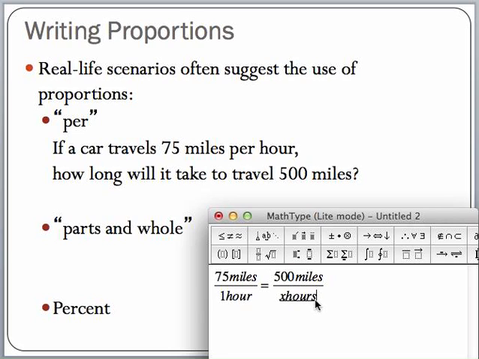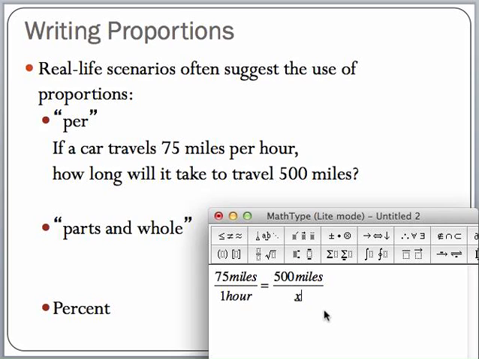And to be honest, when I set up the proportion, I usually don't write the units, miles and hours and miles and hours. I did it for now to show you how I set it up. And I just need to emphasize that when you set this proportion up, make sure that you're consistent. I have miles on top in both cases, and I've got hours on bottom in each case.